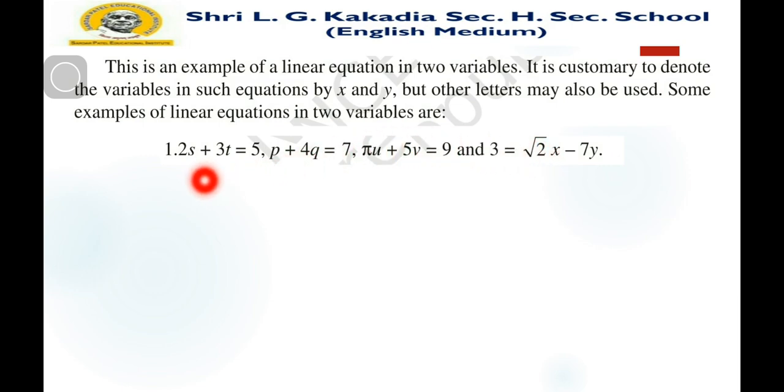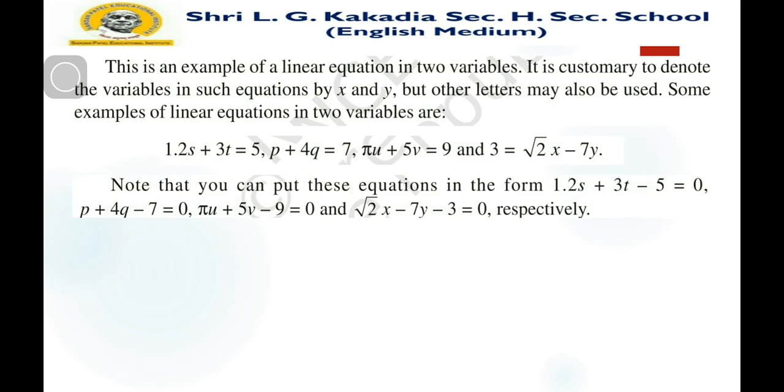Here you can see that s and t are variables, p and q are variables, u and v are variables. All these equations are in two variables, and each of them is a linear equation. We can also write these equations in standard form.